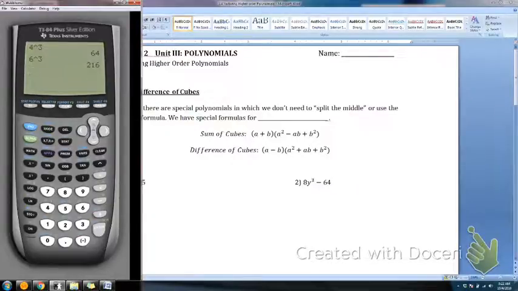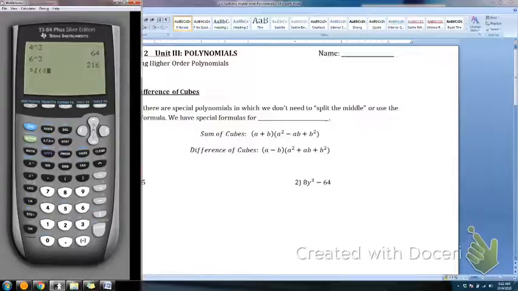I want the cube root, and there is nowhere on our calculator that's the cube root. So instead I'm going to push Math, right below the green button. Option number 4 is the cube root, so you can hit 4, and it brings up the cube root on your calculator.